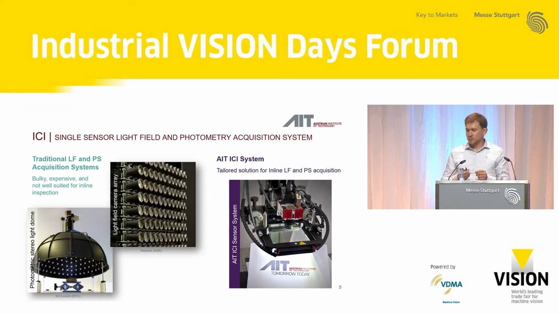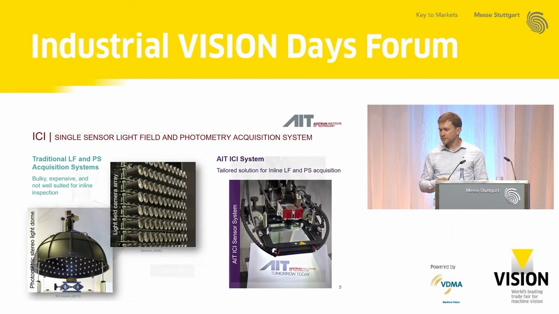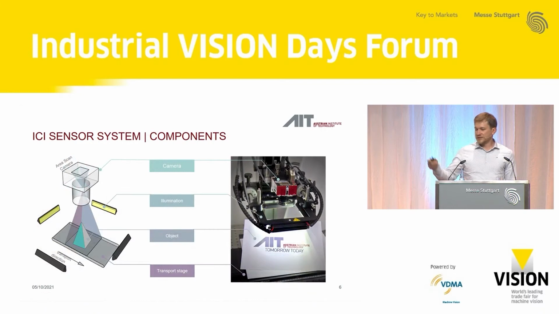We're using the naturally available transport of the object, for example, as the object is traveling out of the production line, to get multiple views of the object, and we are using 4 illumination directions to get the photometric stereo response. And this is a system which you can have a look at over there at our booth for the macroscopic range, where you can have various fields of view. But what I want to talk about today is how to scale that down to the microscopic level.